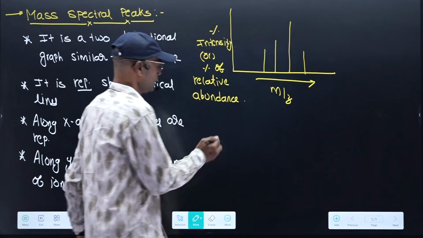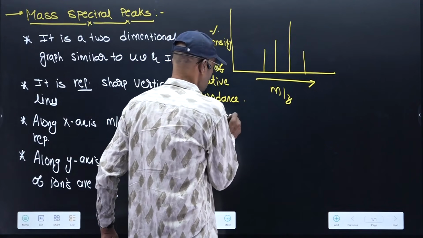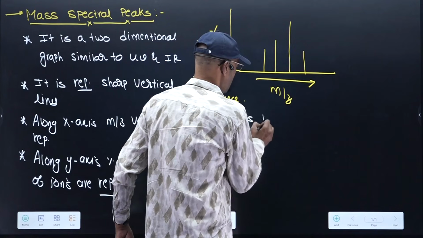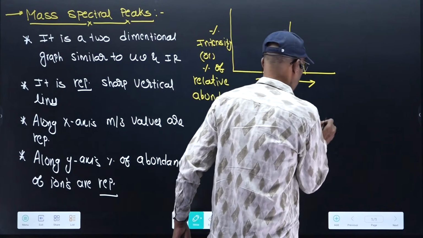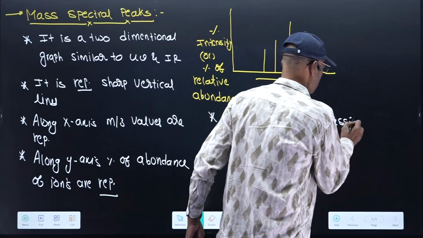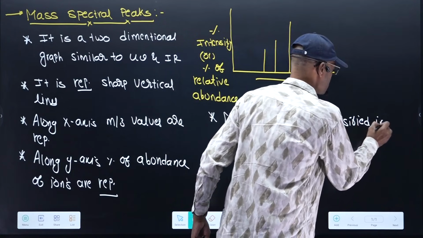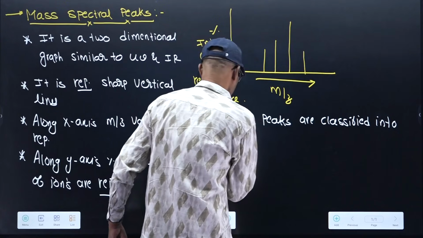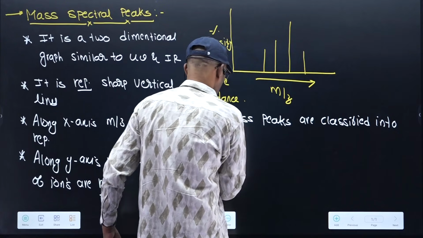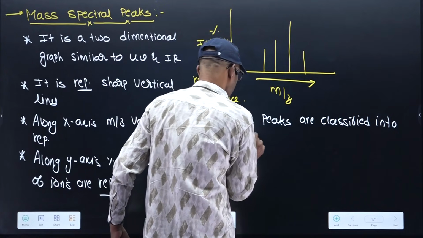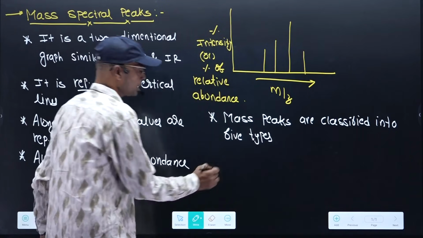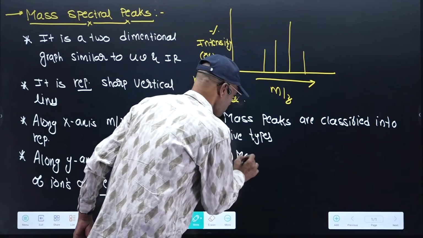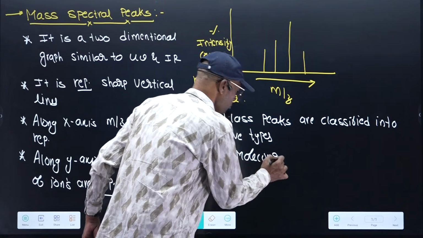Okay, next. Mass peaks are classified into 5 types. First one, molecular ion peak.